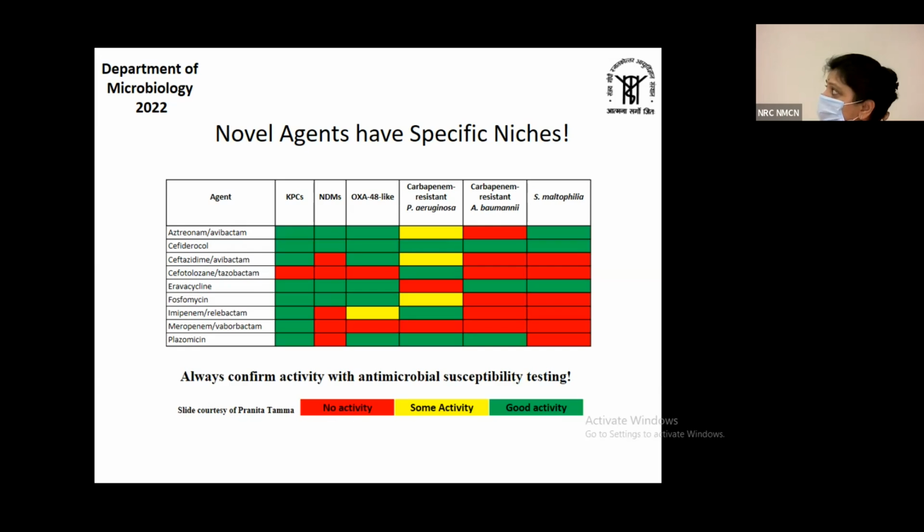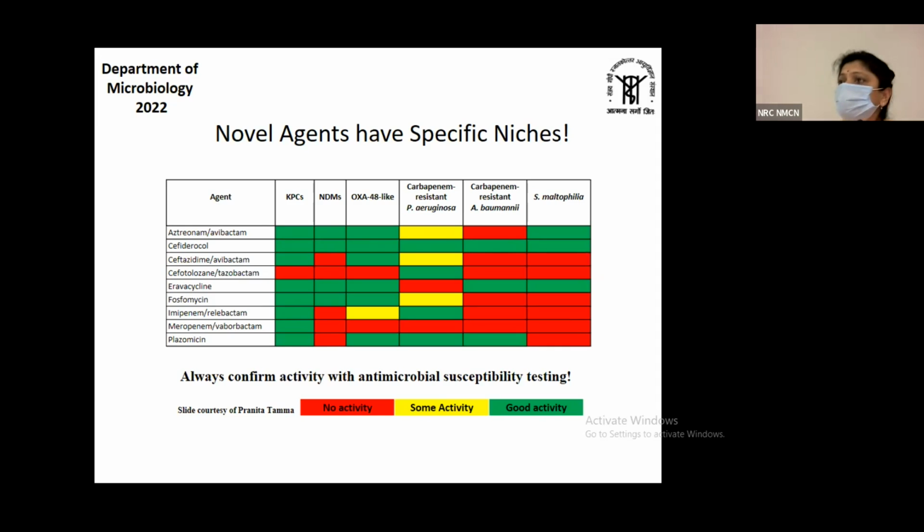Fosfomycin is an agent which will give you an advantage if your isolate is a New Delhi metallo beta-lactamase producer, if it is an NDM. But for the carbapenem resistant Pseudomonas aeruginosa, we again have very few choices. For the carbapenem resistant Acinetobacter baumannii, we hardly have any choice. Plazomicin again is an aminoglycoside, but then again there are several issues involved with it. I will not go into the details of that.